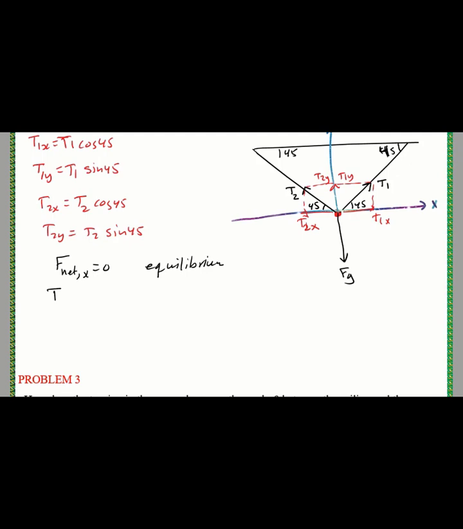Then T1x to the right minus T2x to the left equals 0. So T1x equals T2x, which is T1 cosine 45 equals T2 cosine 45. We can cancel cosine 45 since it is not 0, and we get that T1 equals T2. So at this stage we prove that T1 equals T2, which is obvious because the two ropes make the same angle with the ceiling.